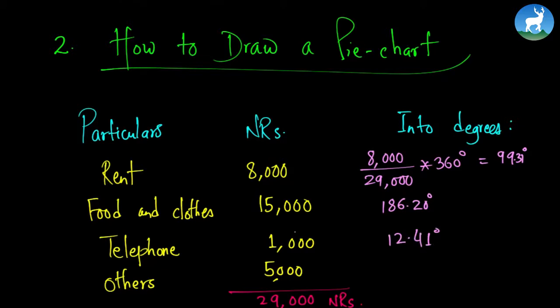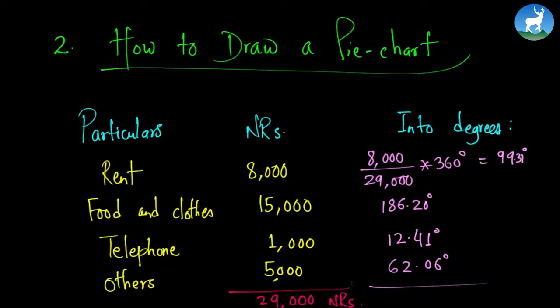This is not a mental problem. So 5,000 should be divided by 29,000 and the result multiplied by 360 degrees, and it turns out to be 62.06 degrees.